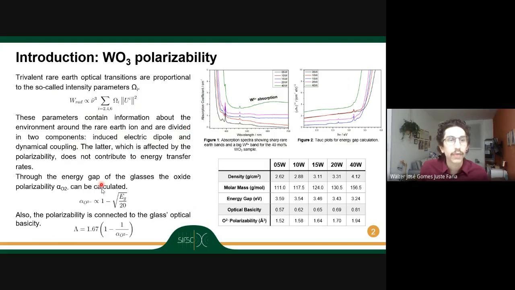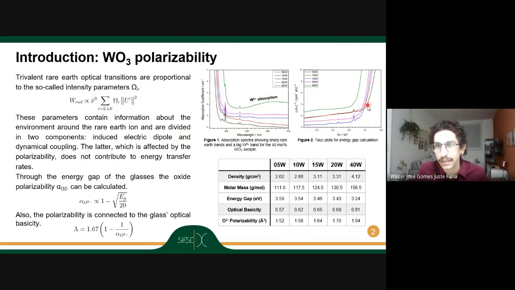And how can we calculate the polarizability, or at least get a general idea about it? We can look at the energy gap. So the polarizability depends on the energy gap like this. So if the energy gap decreases, the polarizability increases. And we can calculate the energy gap through the Tauc plots that we see here.